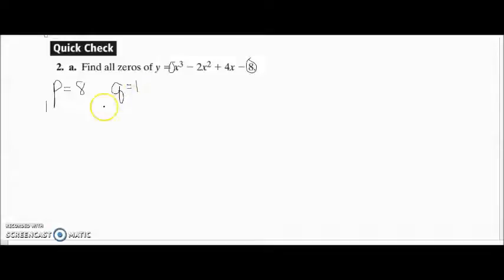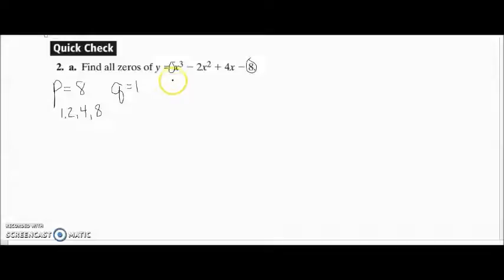Q is 1. So what are the numbers, the factors in 8? Well, 1, 2, 4, and 8.